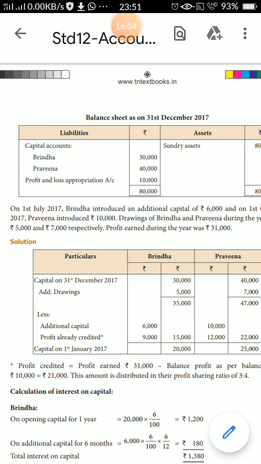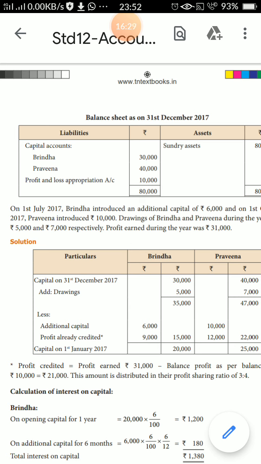Next, add 15,000: additional capital plus profit for Brinda, 6,000 plus 9,000, is 15,000. On this side, Praveen's additional capital of 10,000 plus profit of 12,000 is 22,000. For Brinda, 35,000 is the closing capital plus drawings.